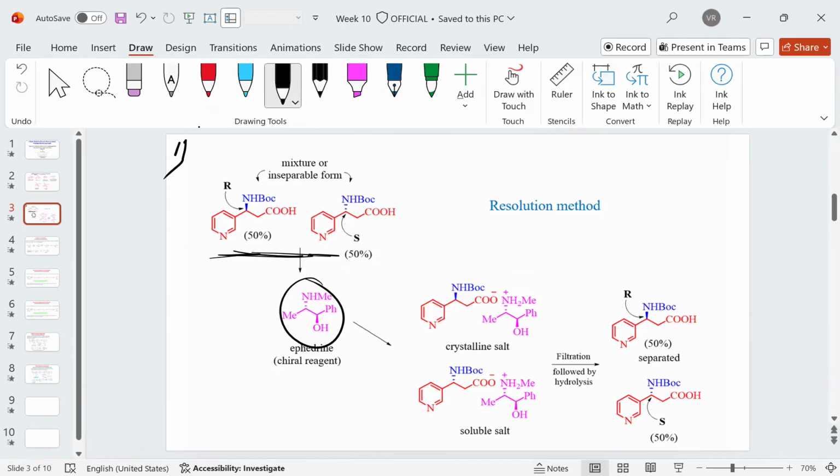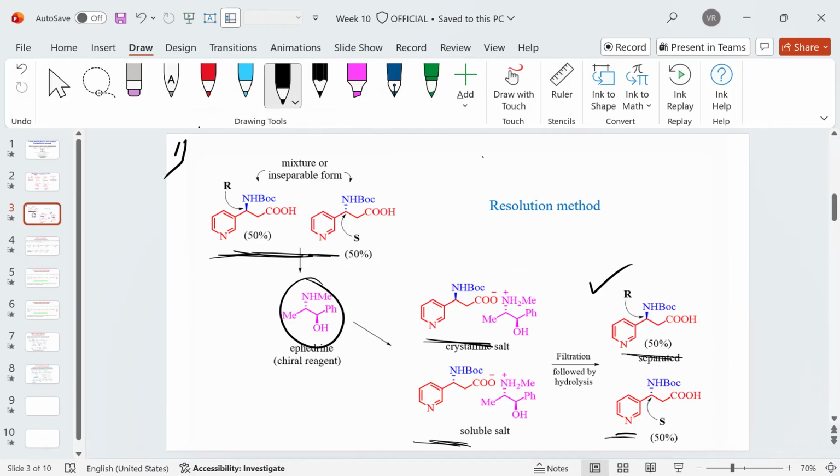After adding this additive, one of the enantiomers crystallizes, whereas the other enantiomer remains soluble in the solvent. If you do the filtration, the crystalline one can be separated from the soluble one.